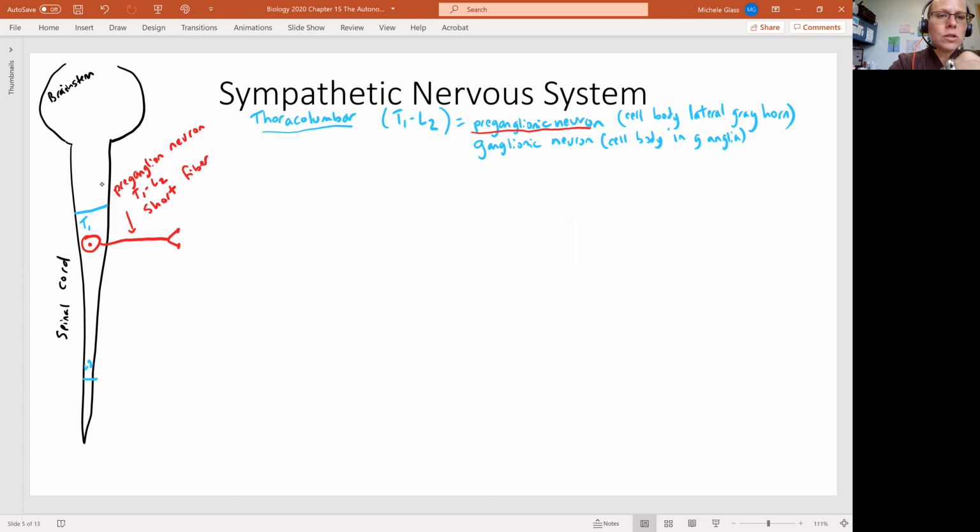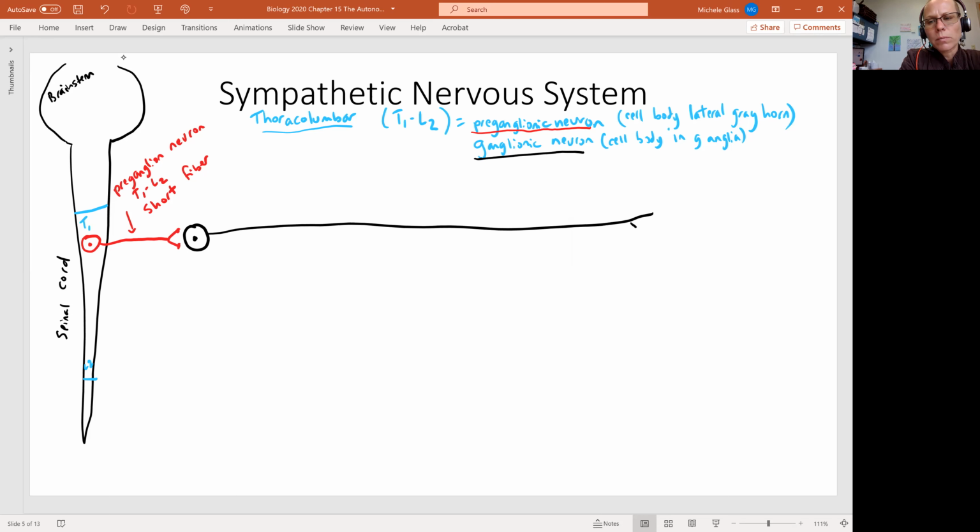And fiber here is another way of talking about either the nerve or the axon. And so these neurons are very short. What it's going to do is synapse onto our ganglionic neuron, which I'm going to make be in black. So right here, I'm going to draw another cell body right at that synapse, and I'm just doing a circle to simplify. And then I'm going to draw a really long axon here.